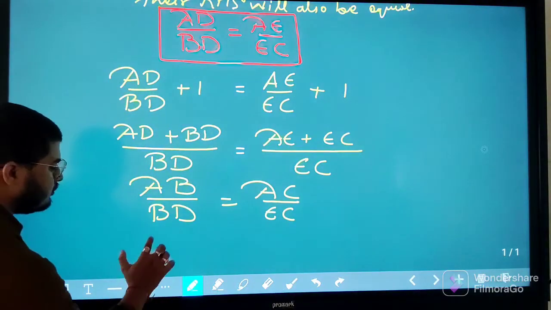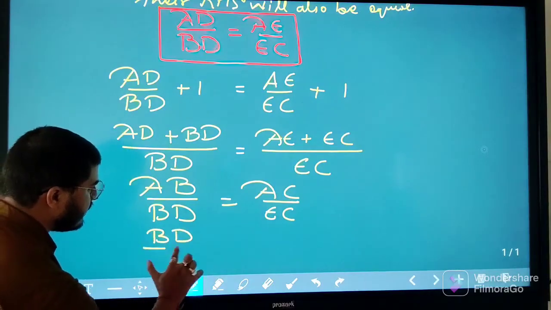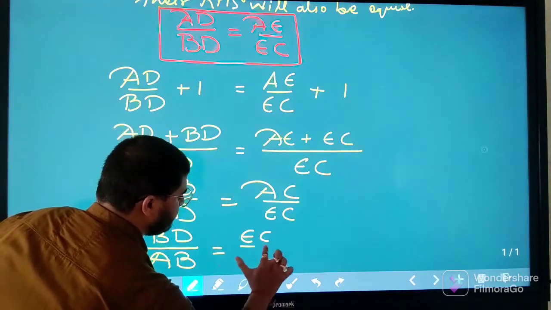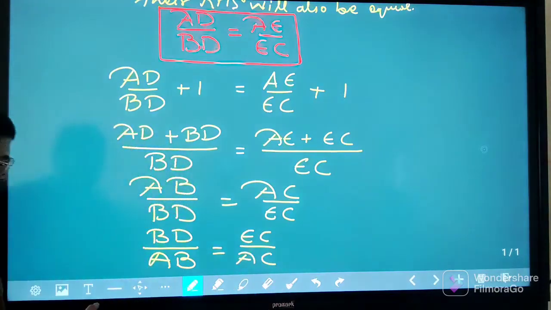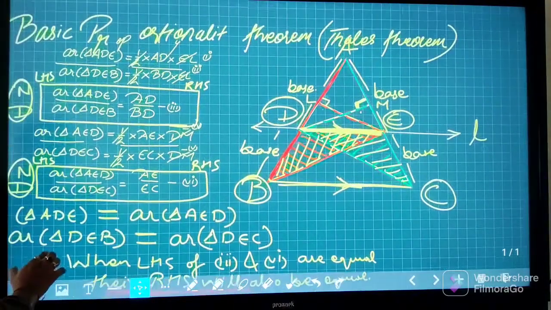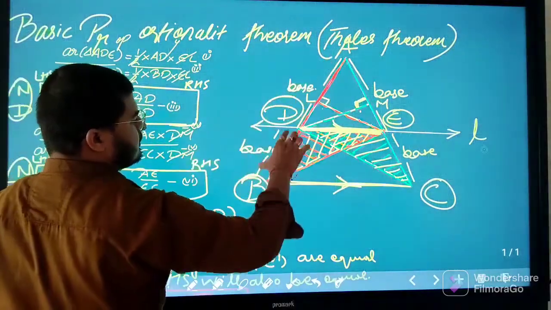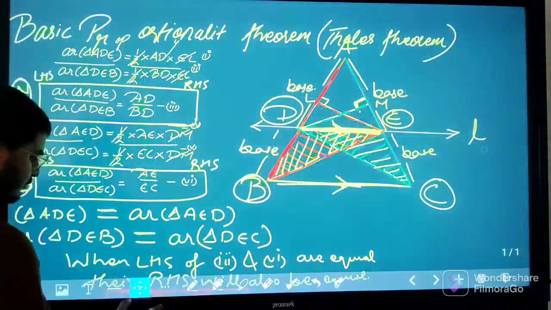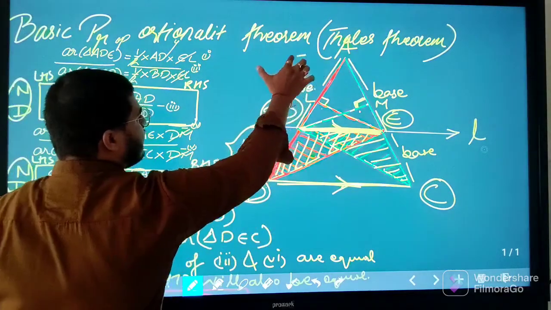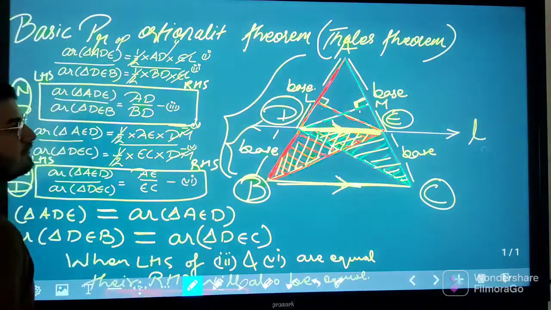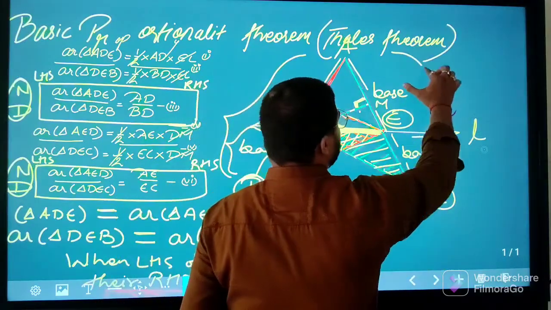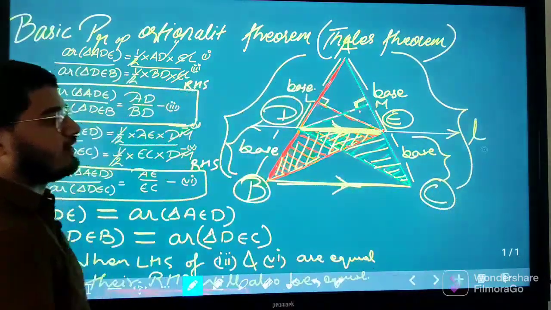Then after that we can do the reciprocal. So we can say that BD upon AB is equal to EC upon AC, which means that this portion of the triangle divided by this whole side of the triangle is in the same ratio as this portion with this side of the triangle.